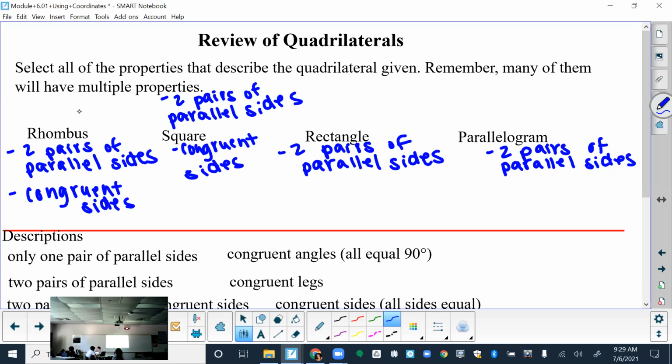But for squares, they have another criteria. All squares have angles that are all 90-degree angles. So they have congruent angles. So in parentheses, all 90 degrees. Would you say that rectangles have congruent angles?